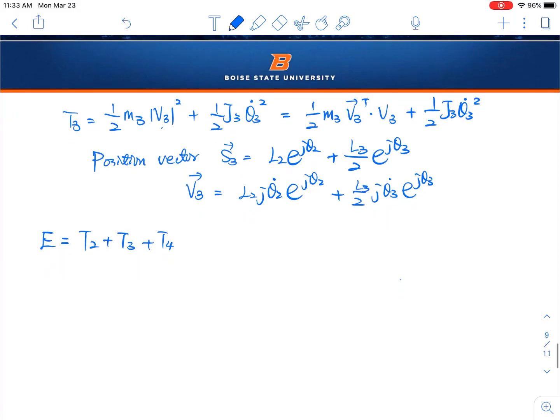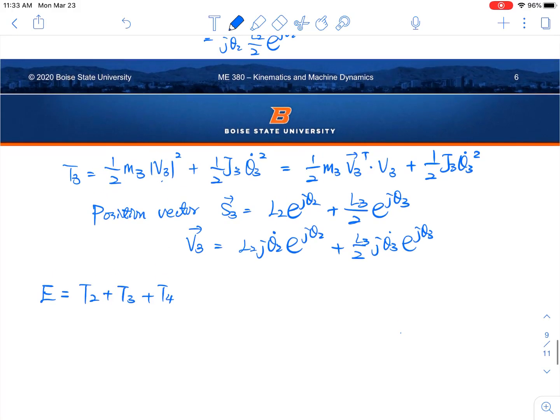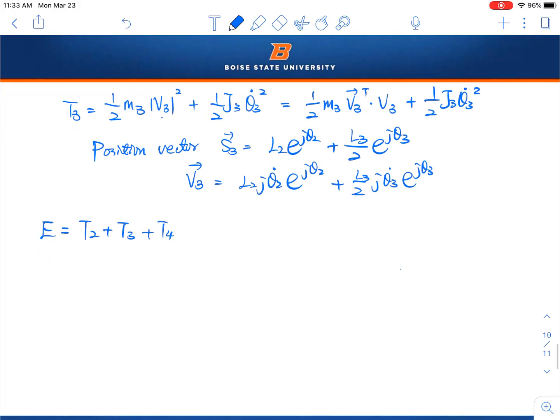According to the energy conservation principle, if there is no external force applied to the system, then this energy should always be a constant. But in this case, we actually have external force. So that's why your E is actually not a constant. It's actually changing. Okay, that's your delta E.